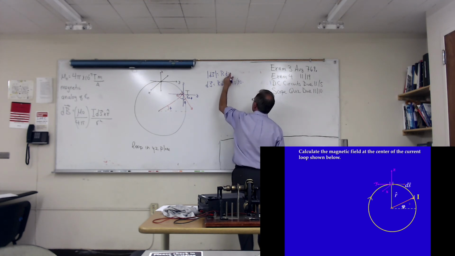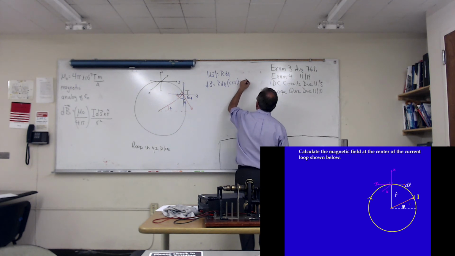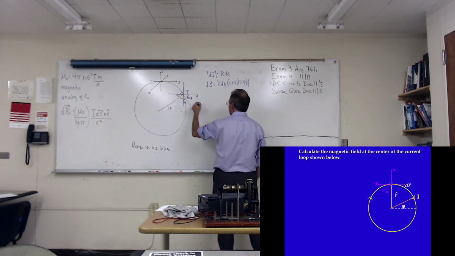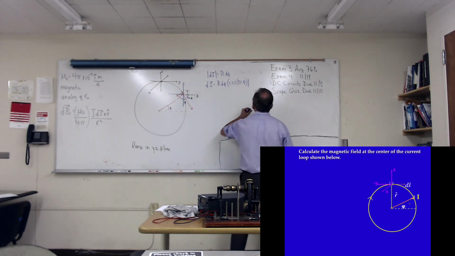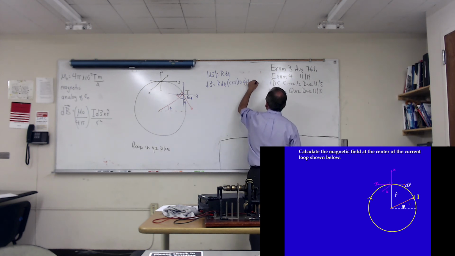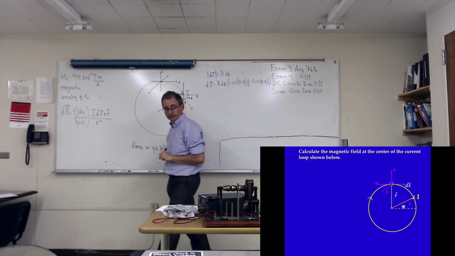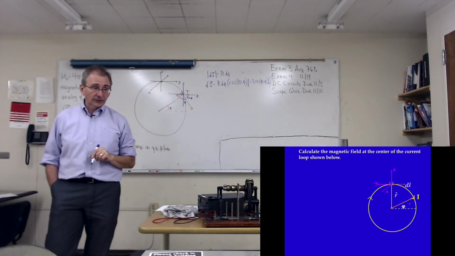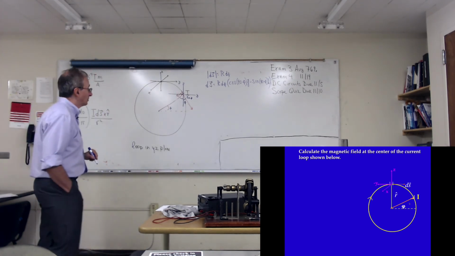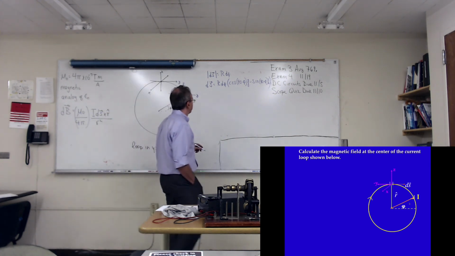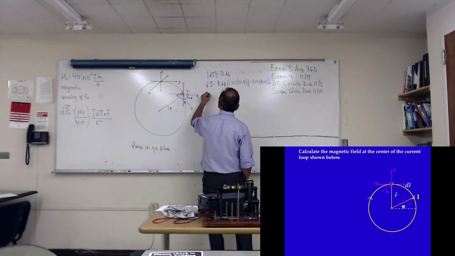They're phi's. And the z component, but what's cosine of 90 minus phi? Sine of phi.